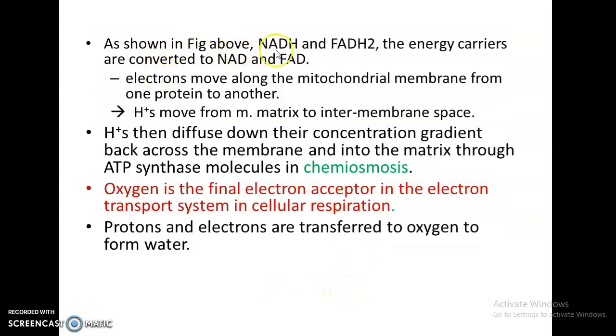As shown in the above figure, NADH and FADH2, the energy carriers, are converted to NAD and FAD. Electrons move along the mitochondrial membrane from one protein to another, that is in the electron transport chain.